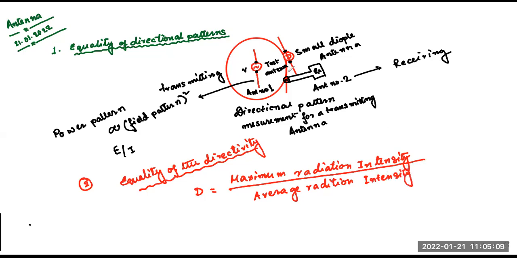So that is directivity. If I do it mathematically, then we can write D equals to phi of theta comma phi max by phi average, that is phi of m by phi average.